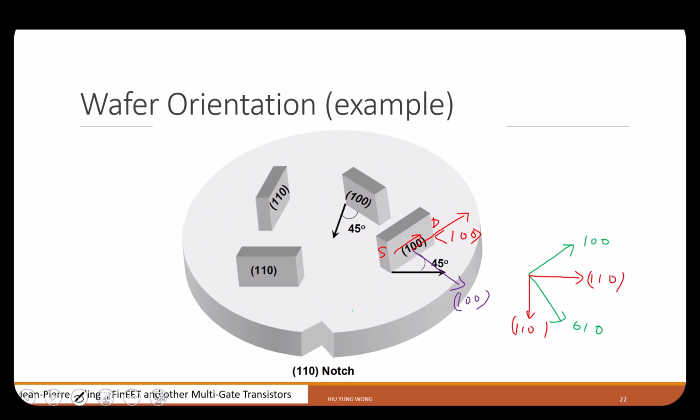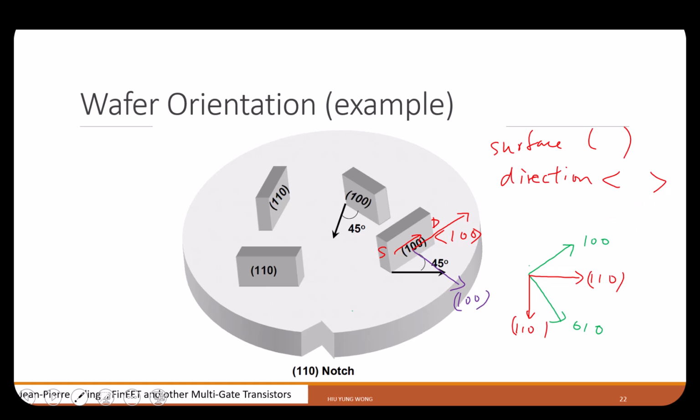So for the surface, we usually use parentheses, and for the direction, we use angular brackets. So when I say that the electron is transporting in 100, I will use this one. But yeah, you're transporting in this direction, but what surface do you have?